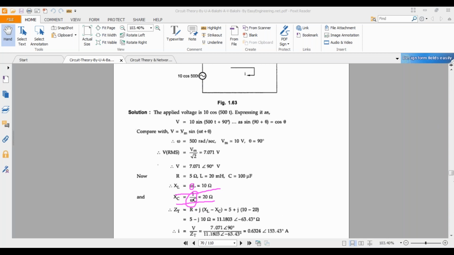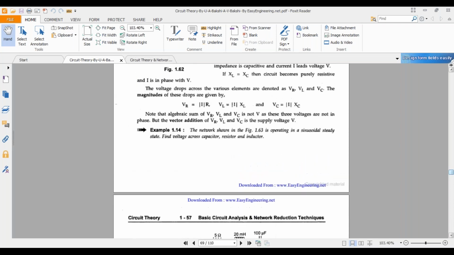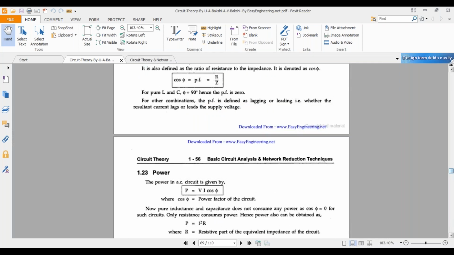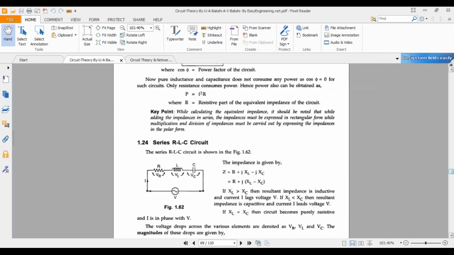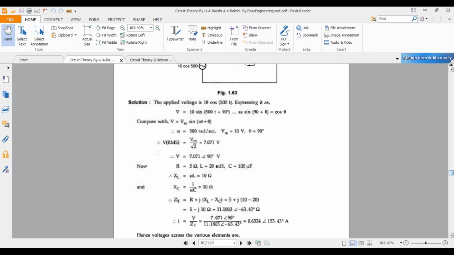I'm just substituting the values here. So you can simply calculate the inductive reactance XL value and XC value in that circuit.